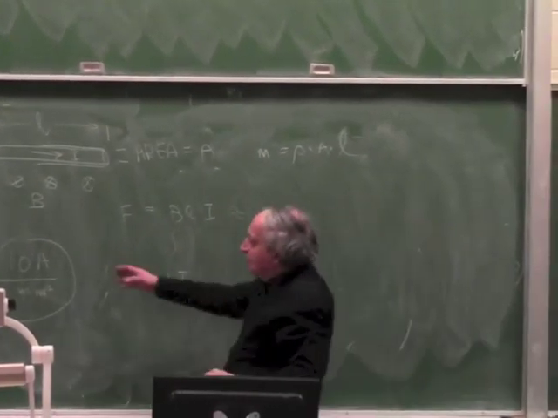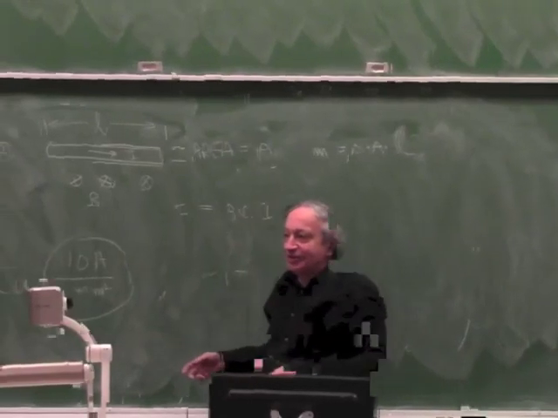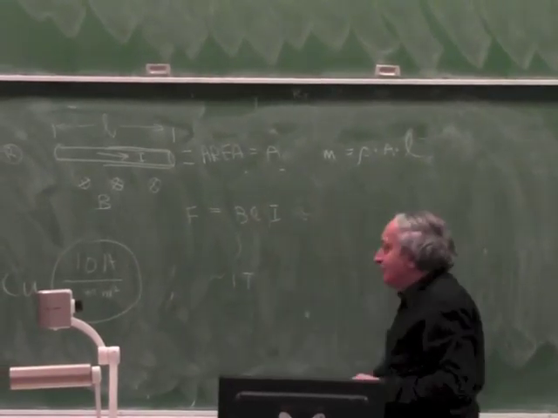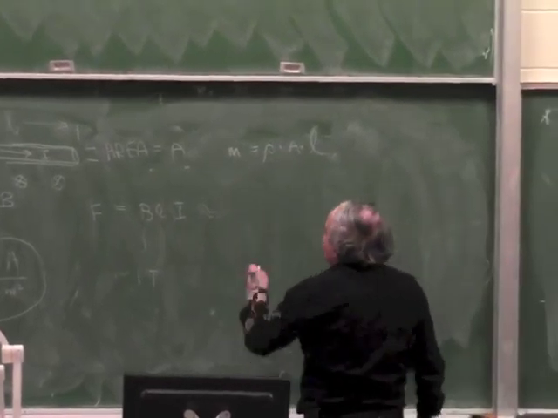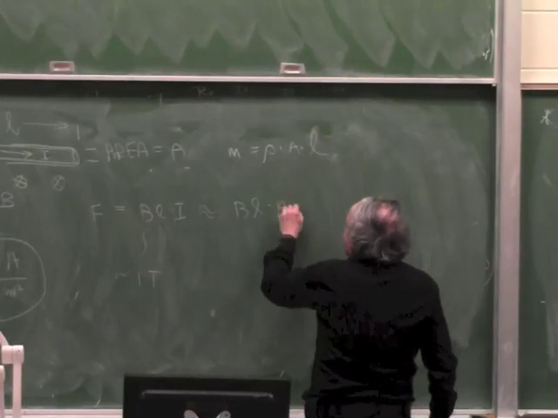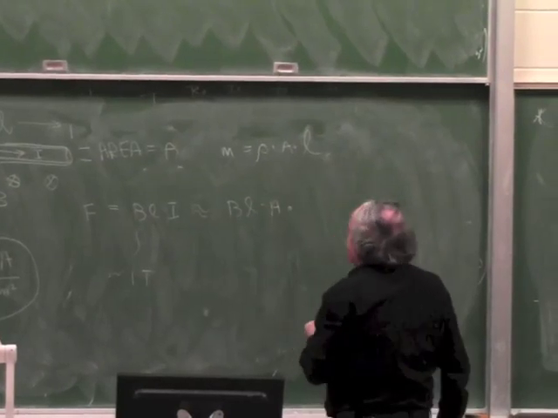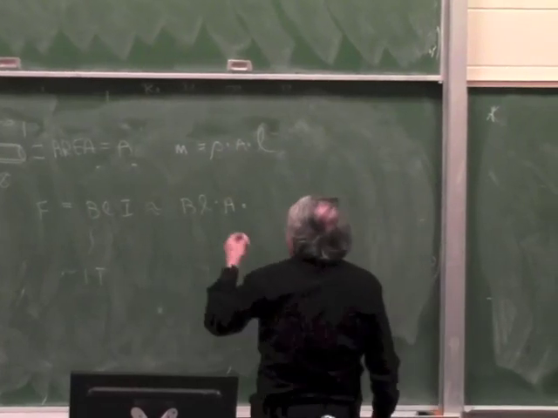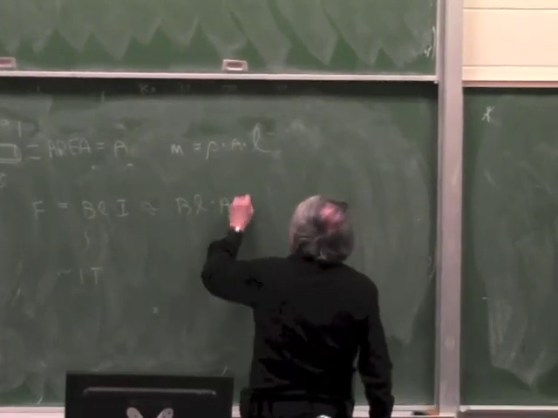We have to convert this, of course, to MKS units. So a square millimeter is 10 to the minus 6 square meter. Okay, so this is roughly B L times A times some current density number. And the current density number, we just call it gamma.